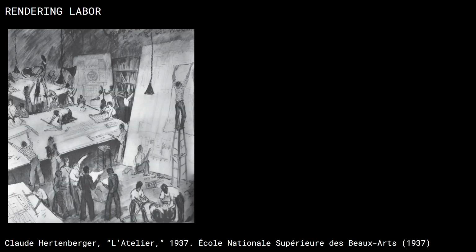And so they had this crazy atelier system in the Beaux-Arts where they would basically have a pyramidal structure of the school. Students would start out competing with each other for spots in the next stage. And the students that didn't make it to the next stage would basically have to become the helpers for the students that did.